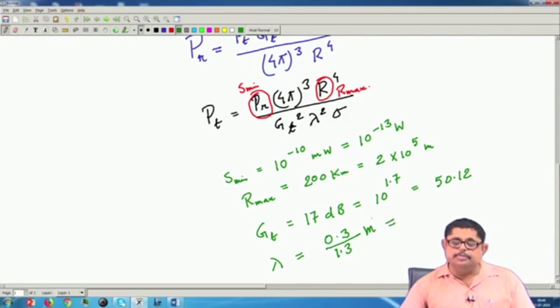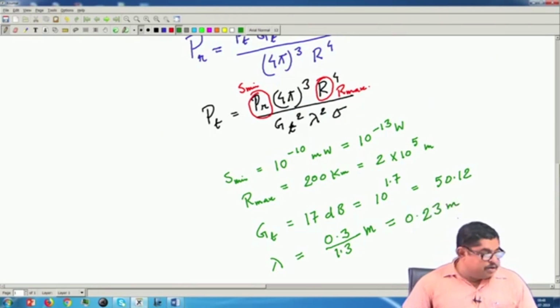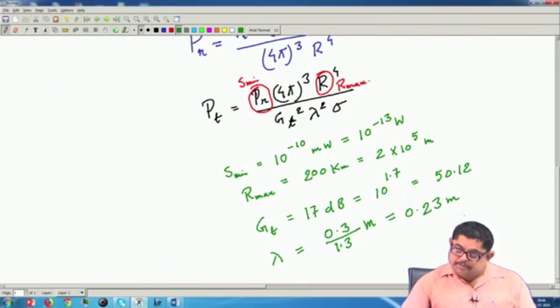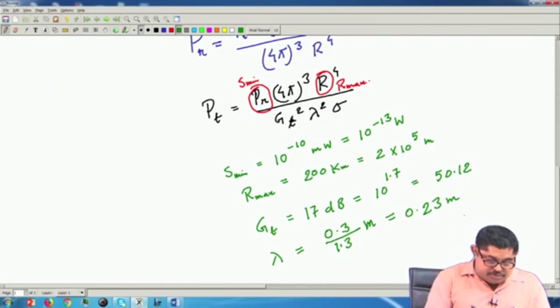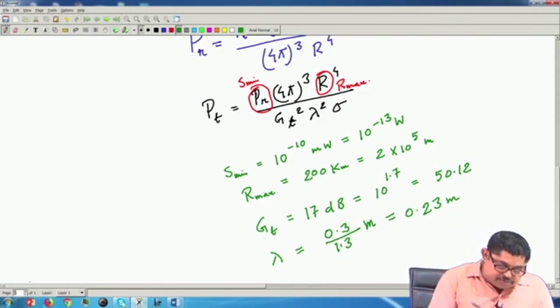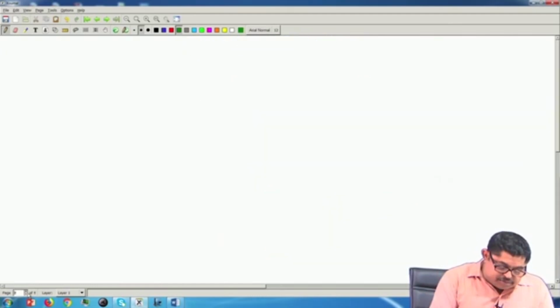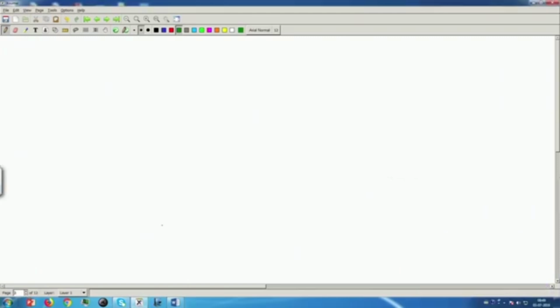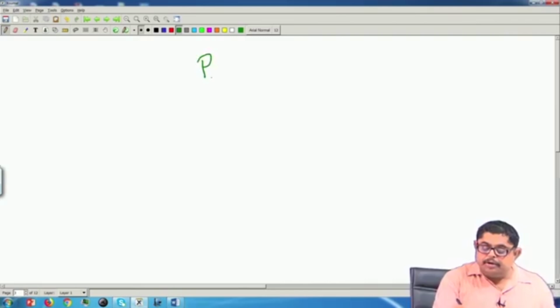Other ways are also possible, from the relation between C, lambda and F, you can always get 0.23 meter, and sigma is given.